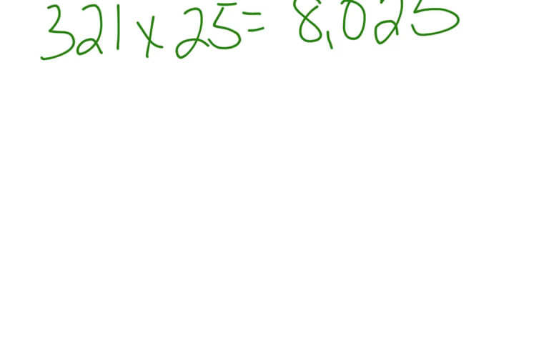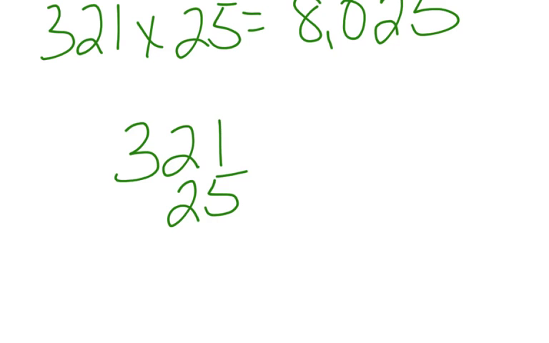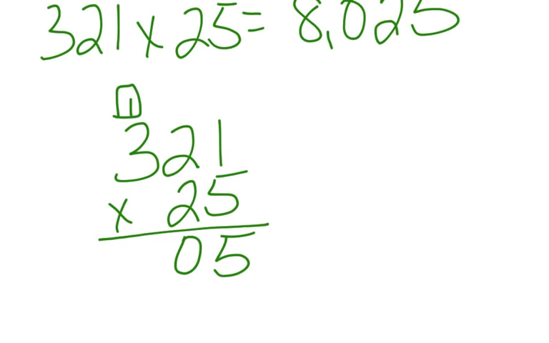And the only thing we need to do is just check it real quick. 321 times 25. 5 times 1 is 5. 0. Regroup. 16.